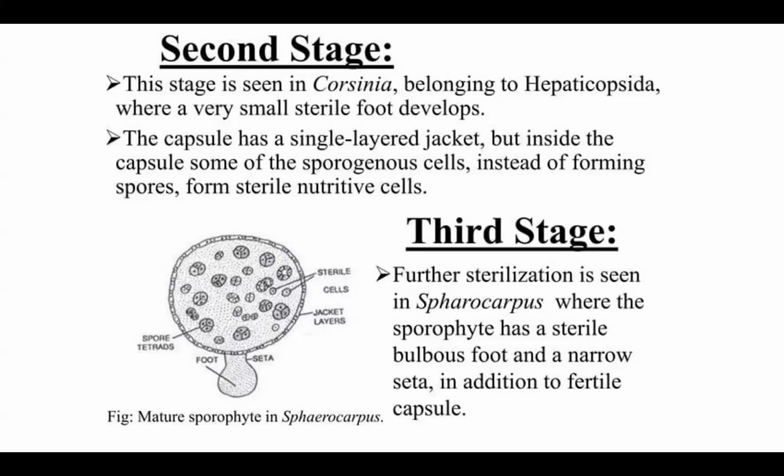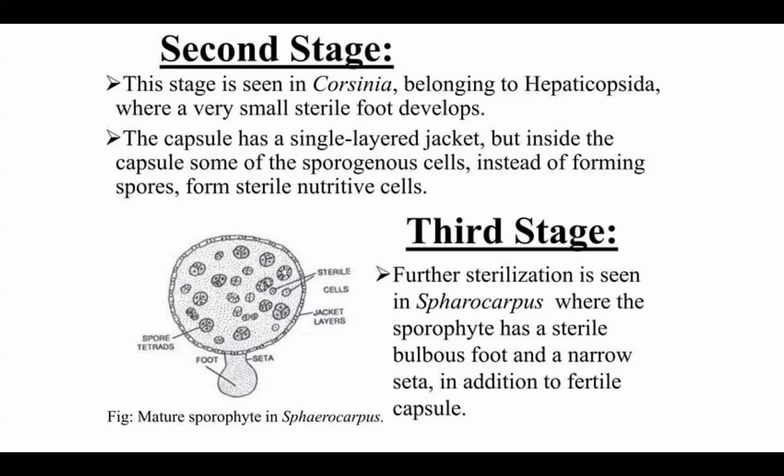Inside the capsule, some of the sporogenous cells, instead of forming spores, develop into sterile nutritive cells. They are also called nurse cells because they provide nutrition to developing spores.